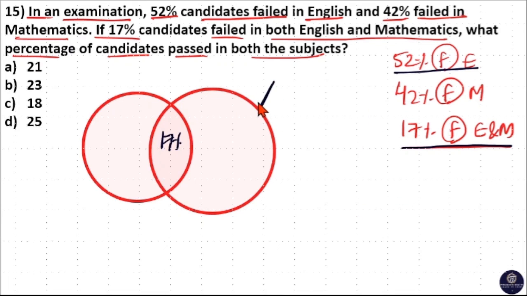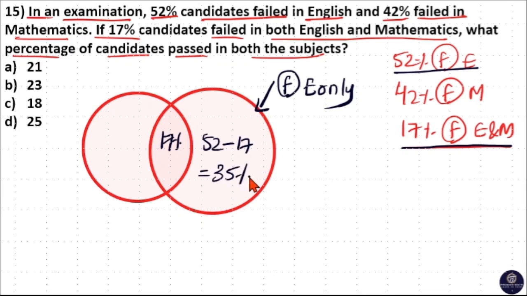Then we need to find out students who failed in English only, because students who failed in English are also included in students who failed in English and maths. So students who failed in English only is equal to 52 minus 17, which is equal to 35%.